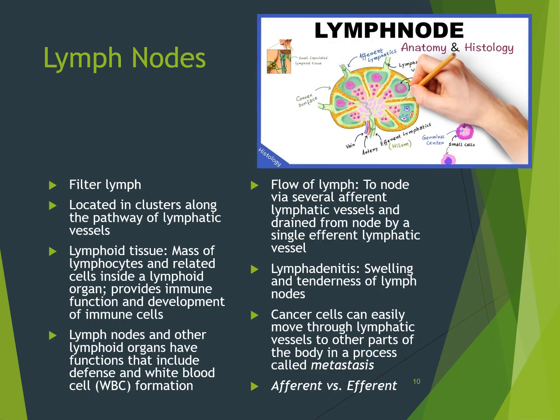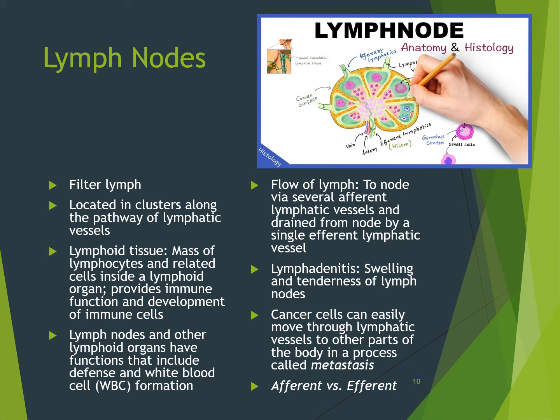So lymph fluid is carried via the afferent vessels, afferent meaning towards the node, into the lymph node. And the lymph node is this magnificent little filtering device, and it is made of reticular tissue.